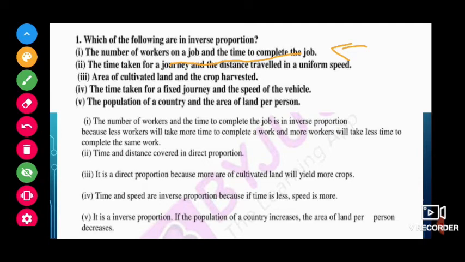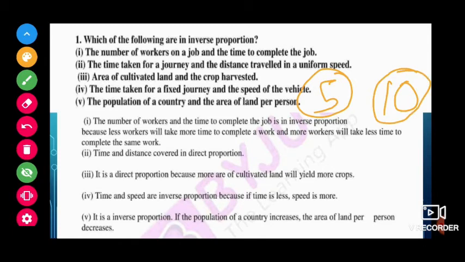First, the number of workers. For example, if 5 members are there with me to complete the job, then 5 members can complete that work in 10 days. If I increase the number of workers to 10 members, then how many days will they take to complete?